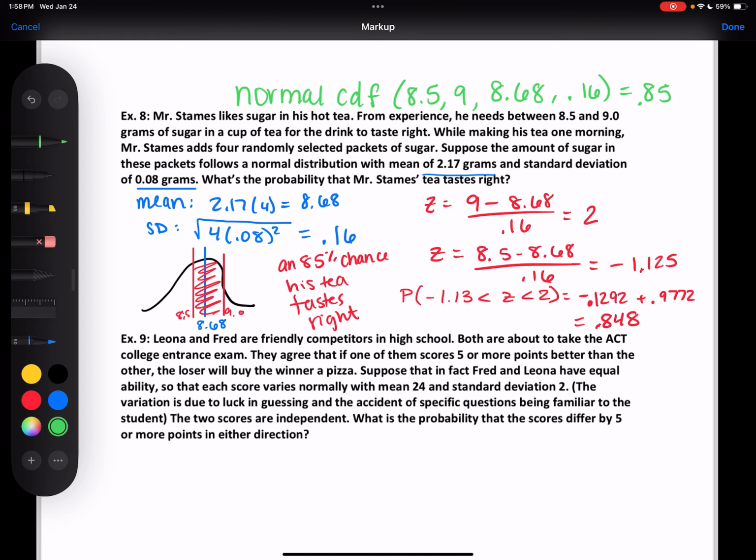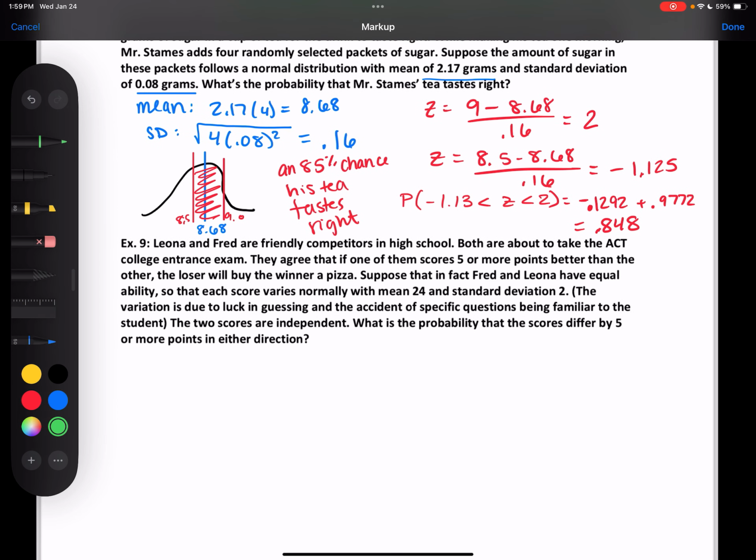Oh. All right, the next one. I'm just going to do this one on the calculator for sake of time. Leona and Fred are friendly competitors in high school. Both are about to take the ACT college entrance exam. They agree that if one of them scores 5 or more points better than the other, the loser will buy the winner a pizza.